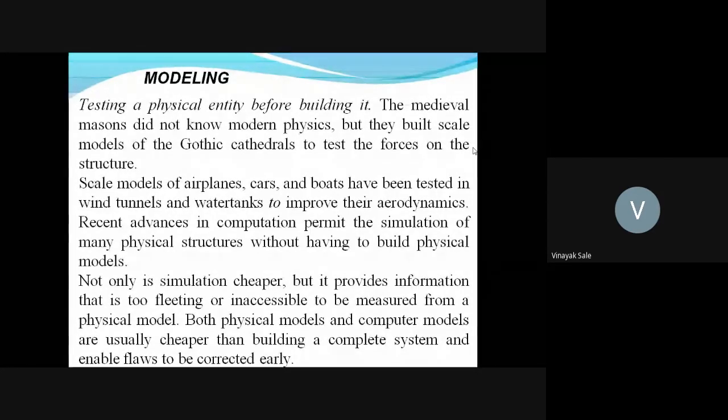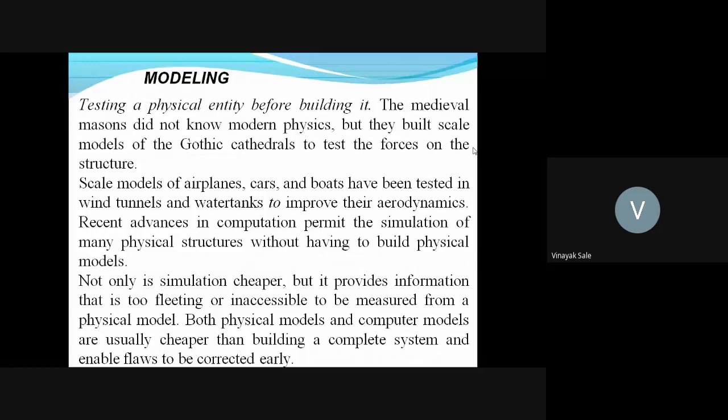Scale models of aeroplanes, cars, and boats have been tested in wind tunnels and water tanks to improve their aerodynamics. Recent advances in computation permit the simulation of many physical structures without having to build physical models.